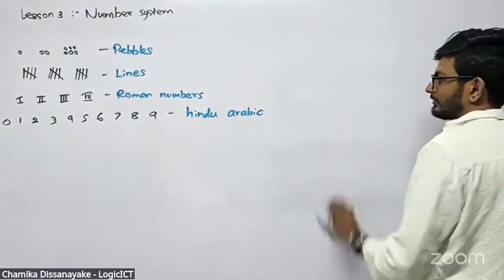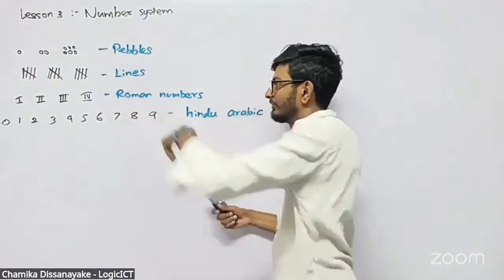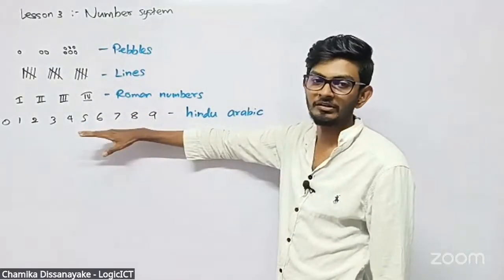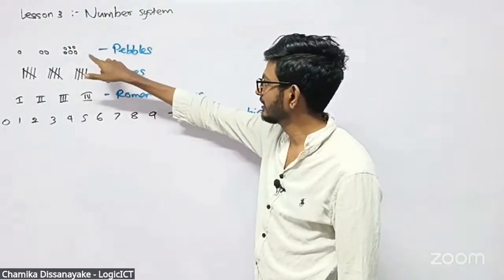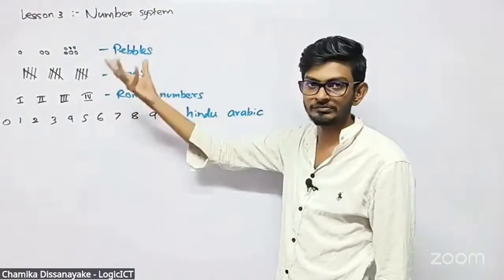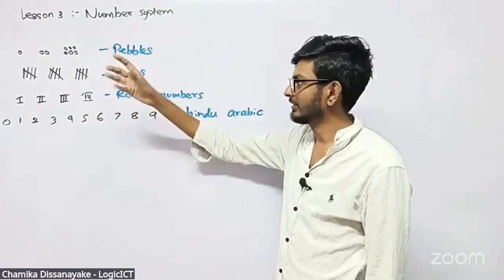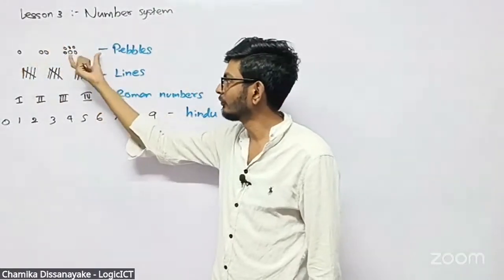So these numbers, we can call these things a number system, guys. Number system. Can you understand? So here they have used pebbles for calculation. This is one number, this is another number, likewise. This is one system.